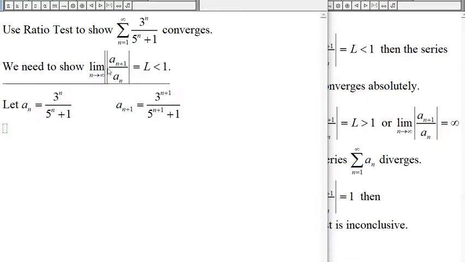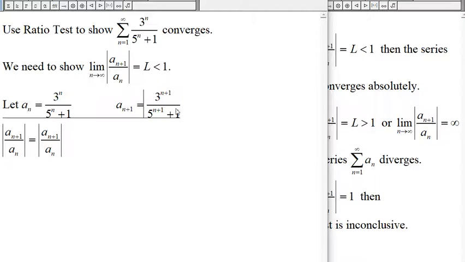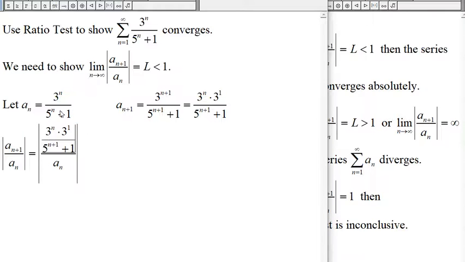And then now we need to find this ratio right here. And then we can simplify this a little bit first. This means 3 to the n plus 1 is 3 to the n times 3 to the first. So a sub n plus 1 is that, and then a sub n is this.